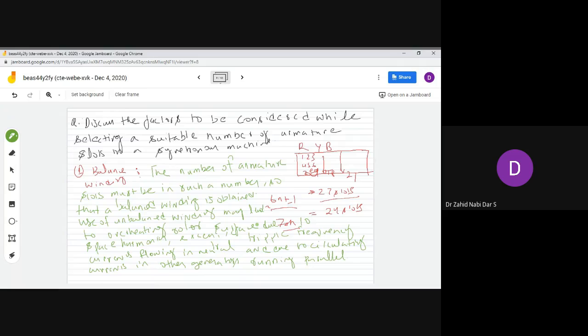Then the other factor we require is the cost. How does it affect? If you have a smaller number of slots, this would lead to a slight saving of copper because there are fewer coils to wind and form, insulate, and place into slots and connect.